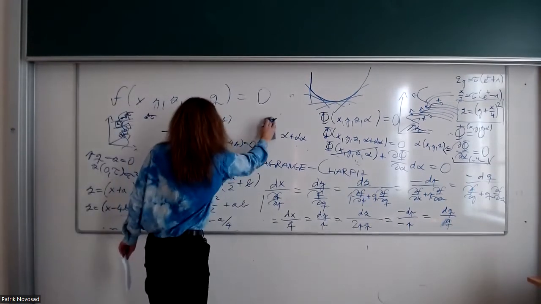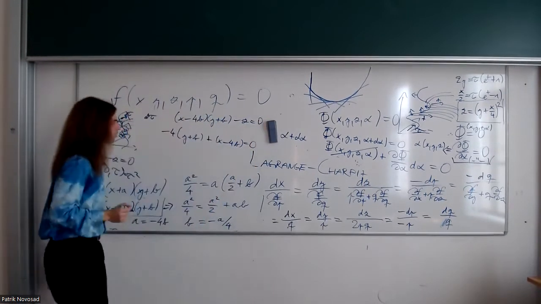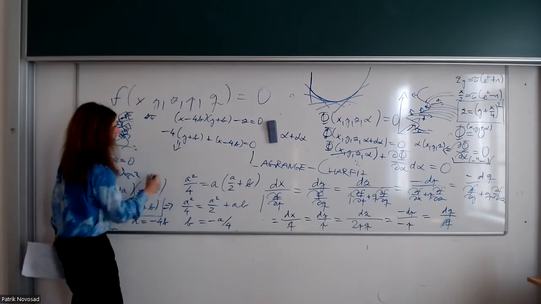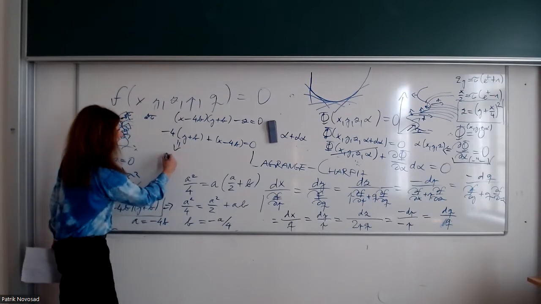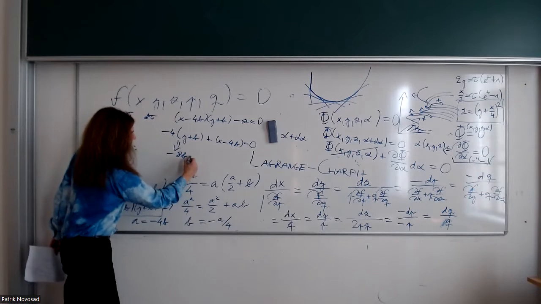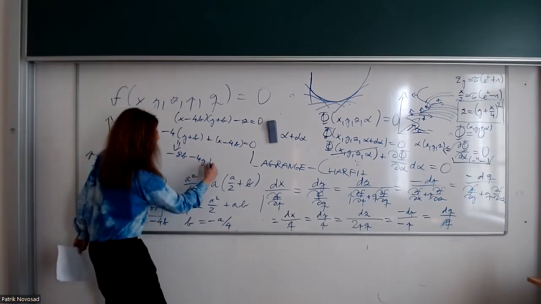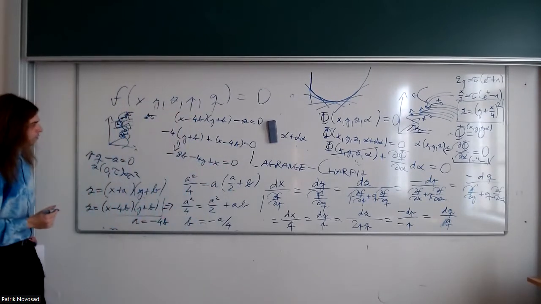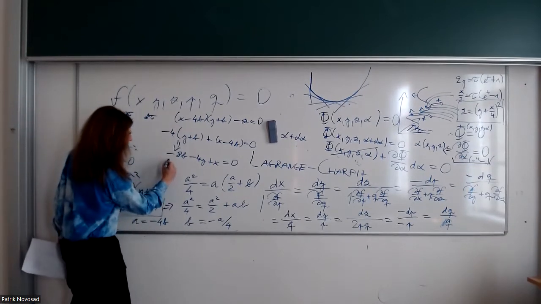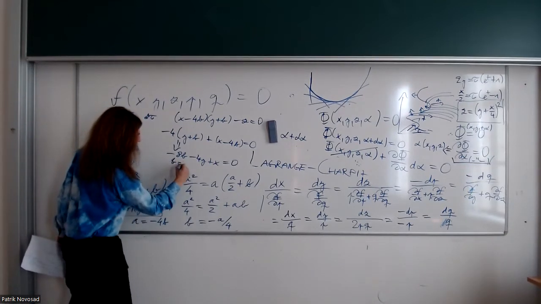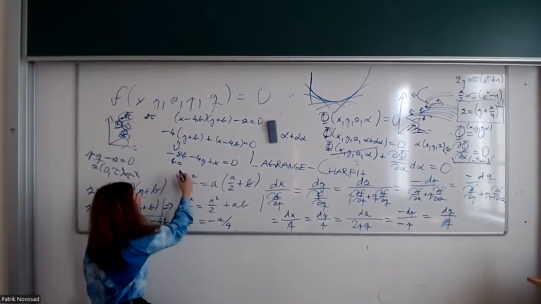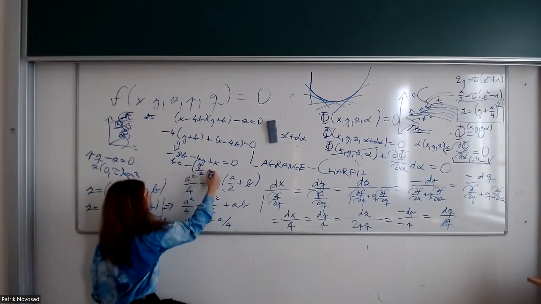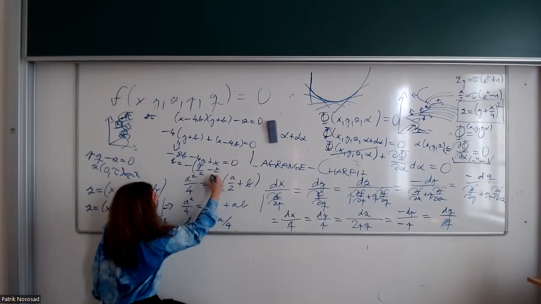Oh, I'm sorry, I want the 0 in here as well. So from the second equation, I get that minus 8b minus 4y plus x equals 0, which means that b equals, now I put that on the other side and I get minus y half plus x over 8.